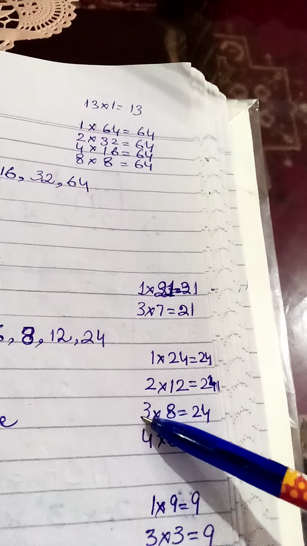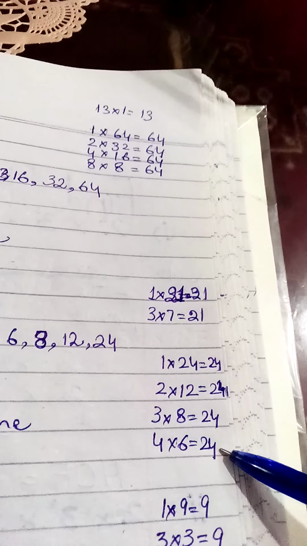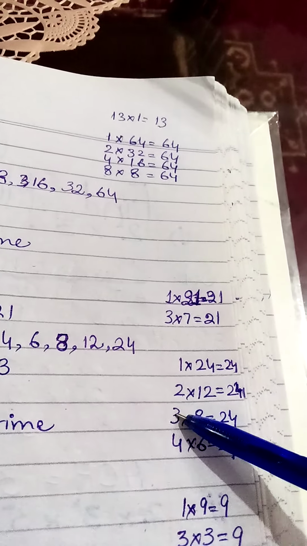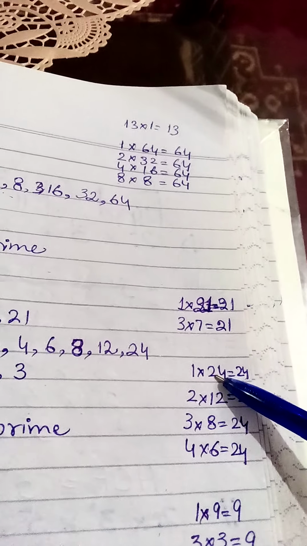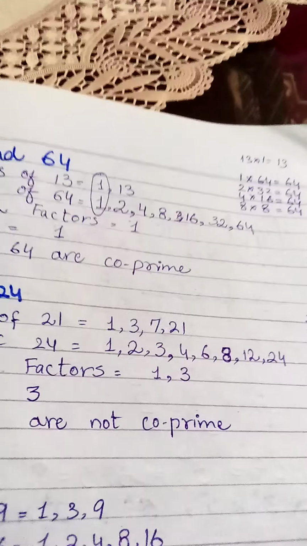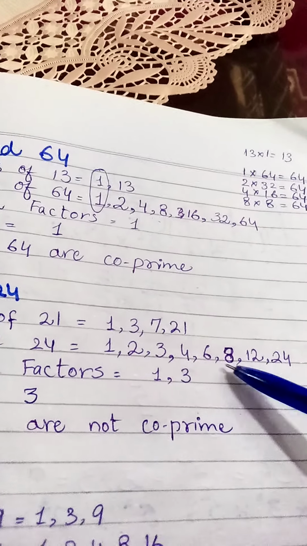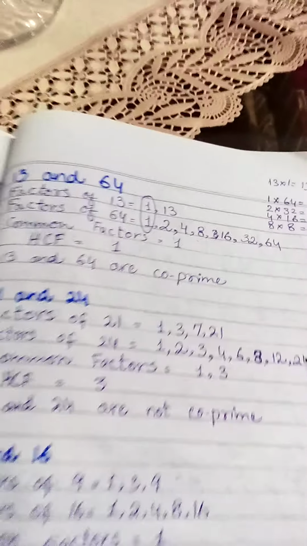Third is 3 times 8. And fourth is 4 times 6. So 1, 2, 3, 4, 6, 8, 12 and 24 are the factors of 24.